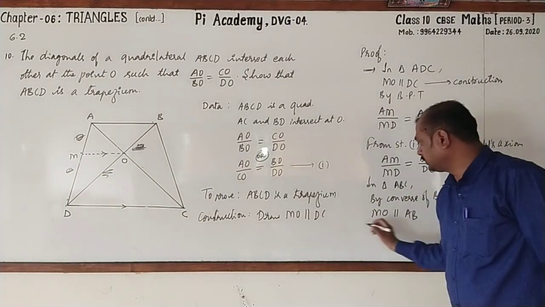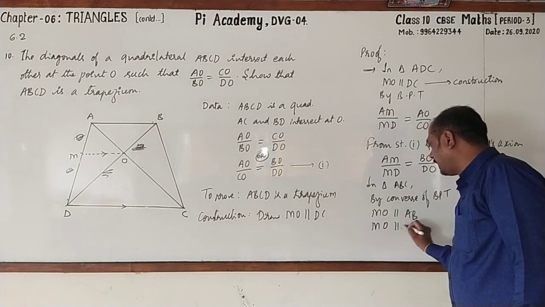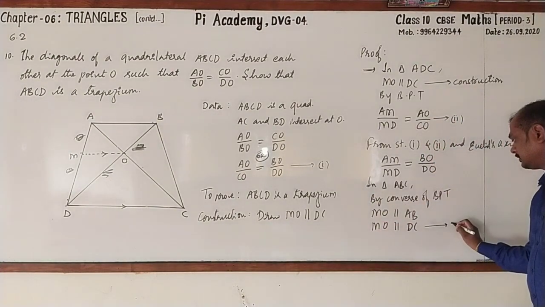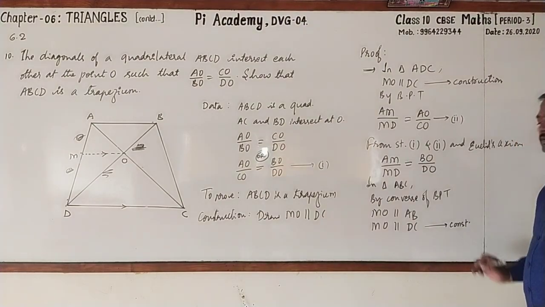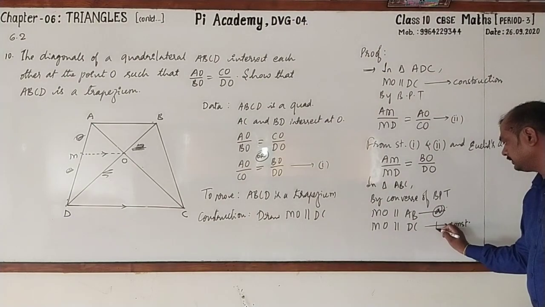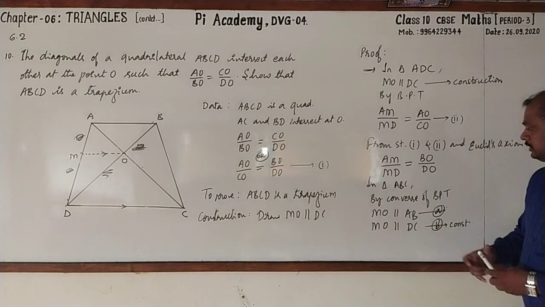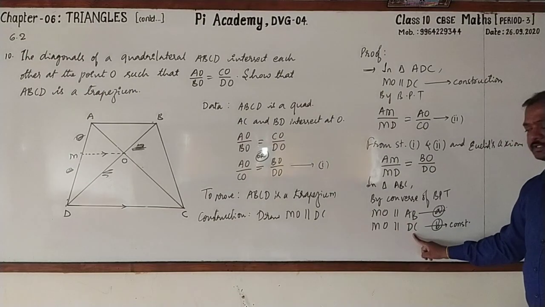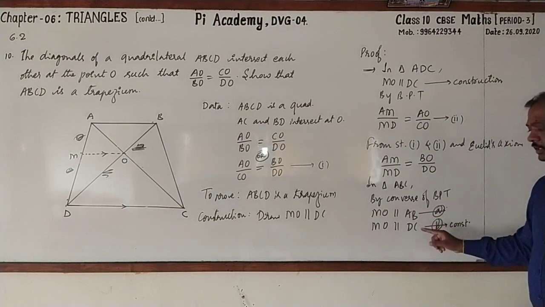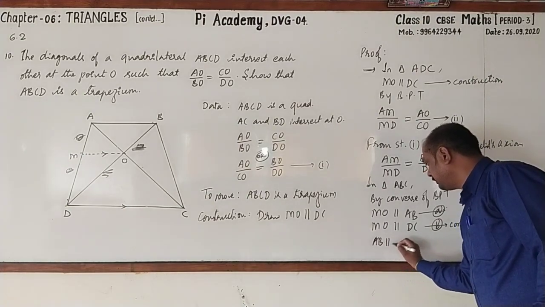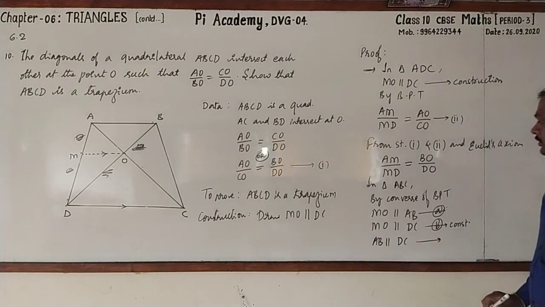Next, we also know that MO is parallel to DC as well. It is from construction. Now from these two, I call it as statement A, this as statement B. MO parallel to AB, MO is also parallel to DC, then we can write AB parallel to DC.